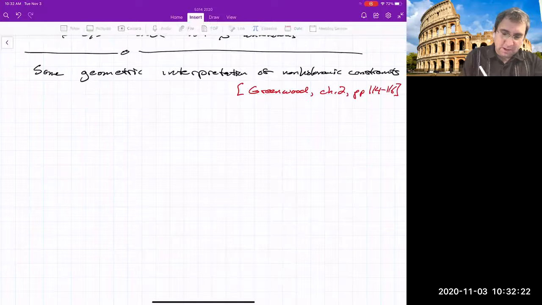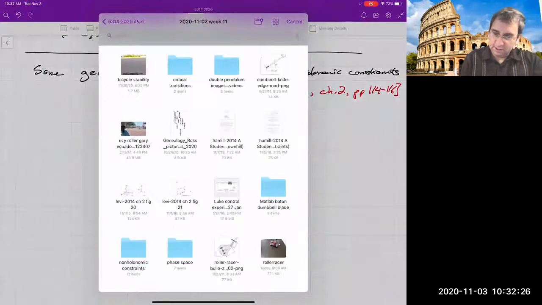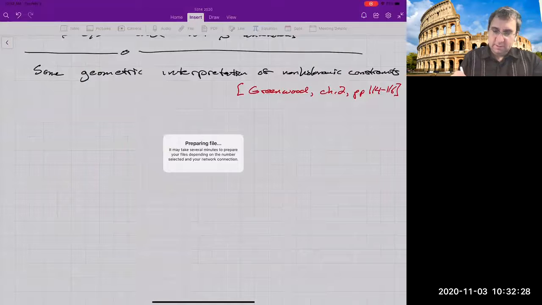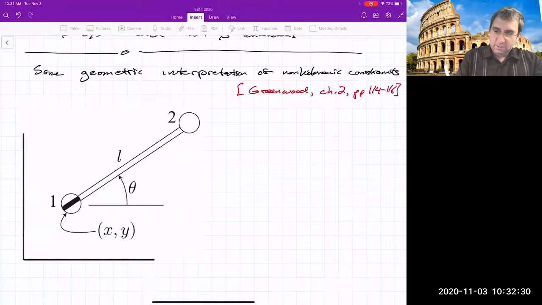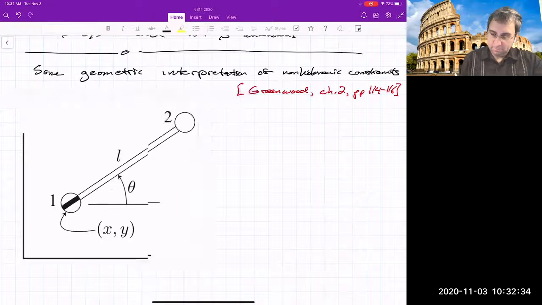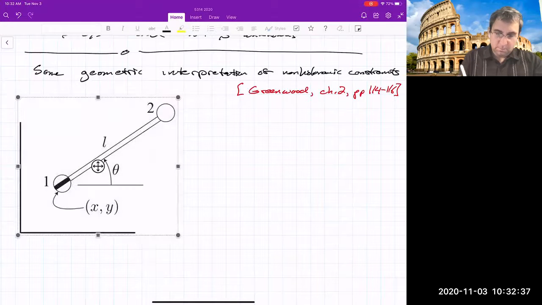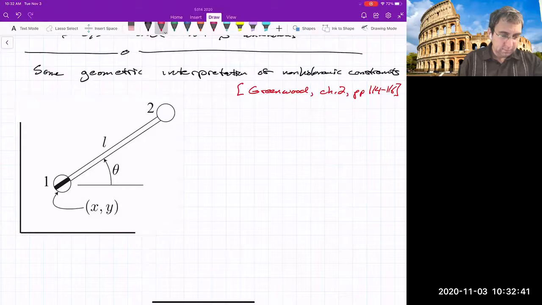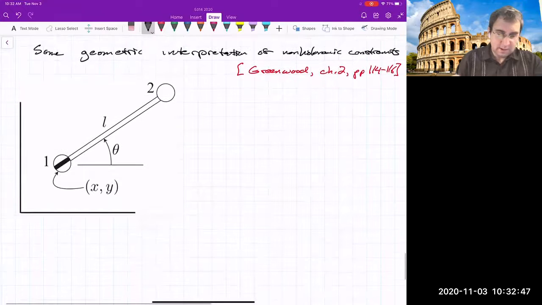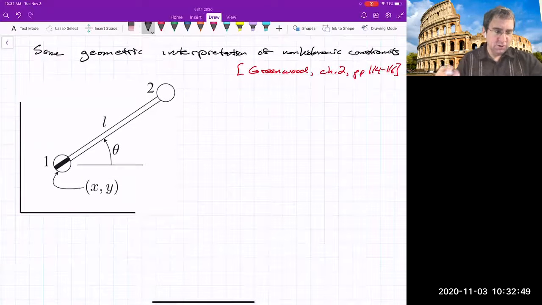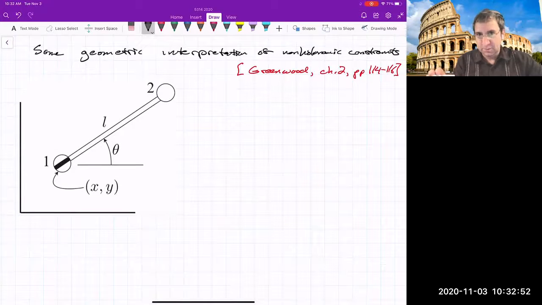All right, I'll show my baton with the blade under it because it's simple enough. Here's what we can do. We can imagine constraint surfaces in velocity space.